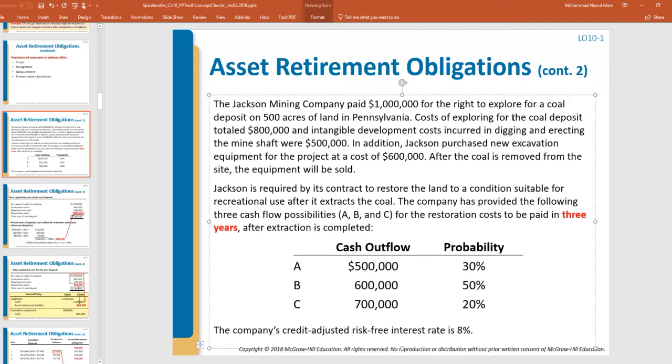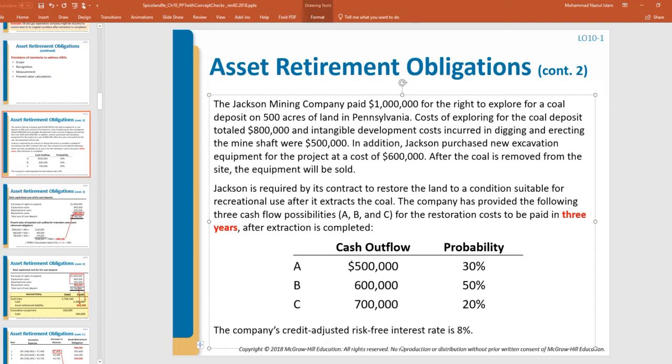The cost of exploring for the coal deposit total 800,000 and intangible development costs incurred in digging and erecting the mine shaft were 500,000. In addition, Jackson purchased new excavation equipment for the project at a cost of 600,000. After the coal is removed from the site, the equipment will be sold.